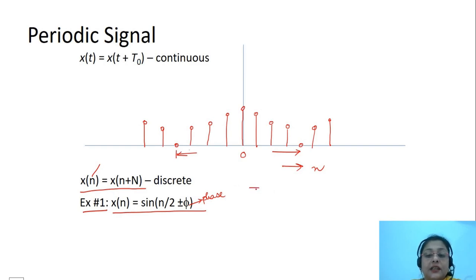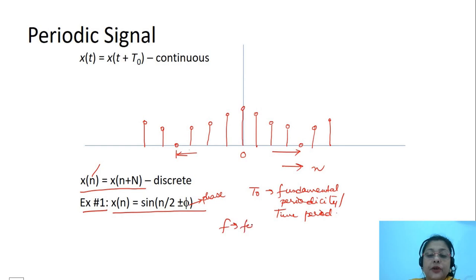As we said, t0 is the fundamental periodicity, or it is also known as the time period. F is the fundamental frequency, and f is basically the linear frequency. Omega is the angular frequency.